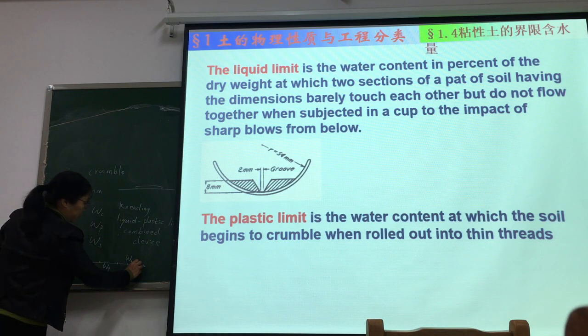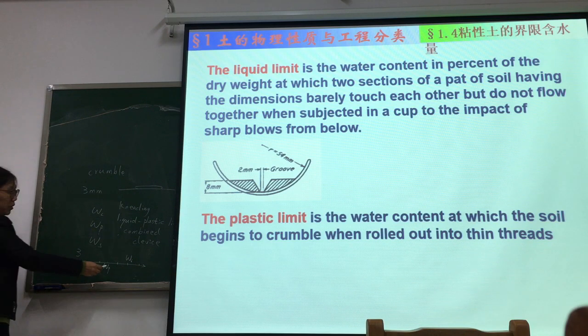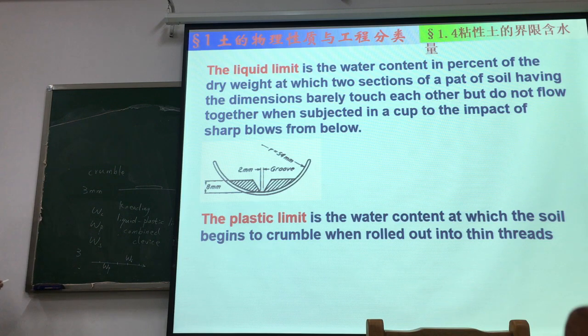And the third sample, water content more than the liquid limit. So we need 3 samples, okay?